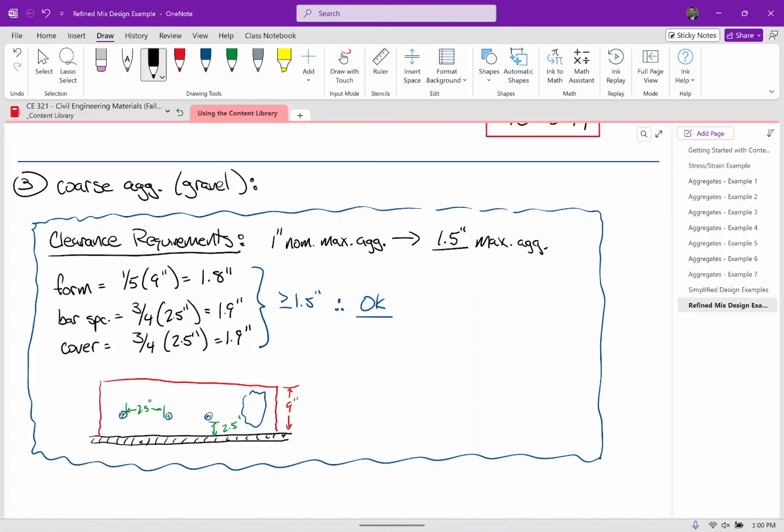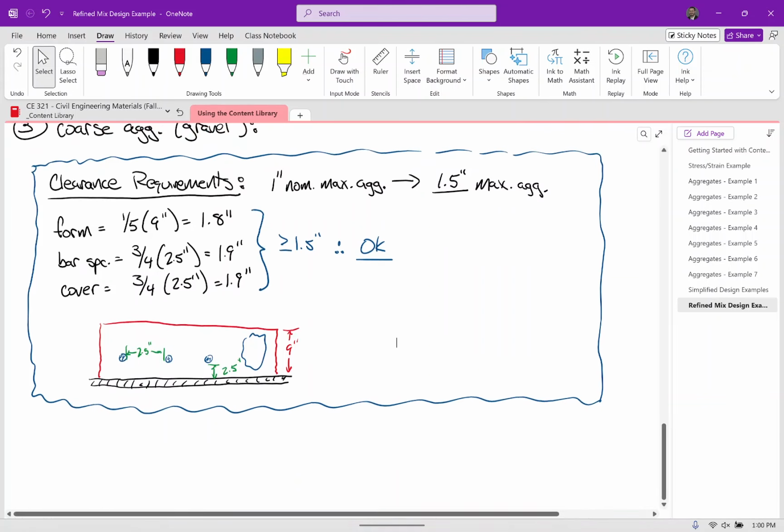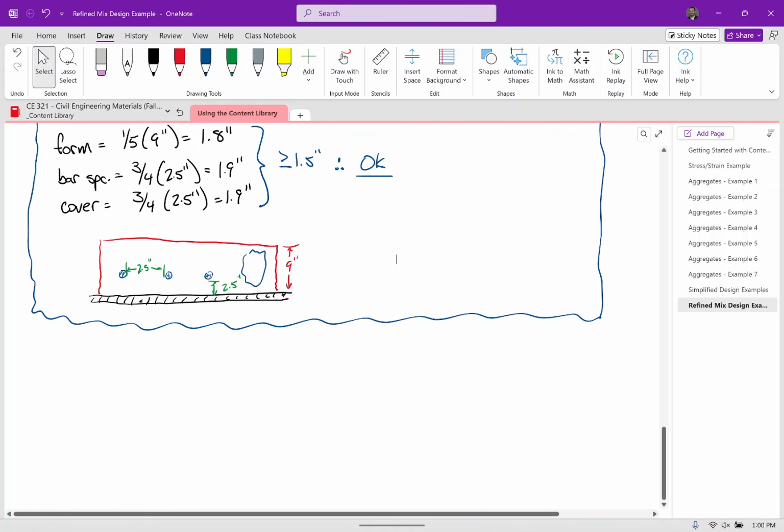Everybody good? Now, one thing, I put this in a box. This box is the only place that the max aggregate lives. We're using nominal max aggregate for the rest of the exam. No more max aggregate. So the max aggregate stays in the box.